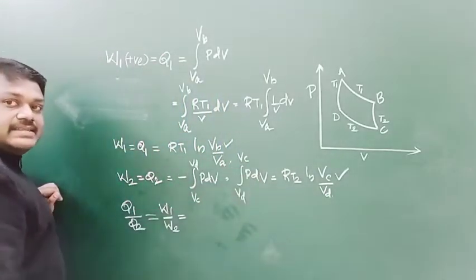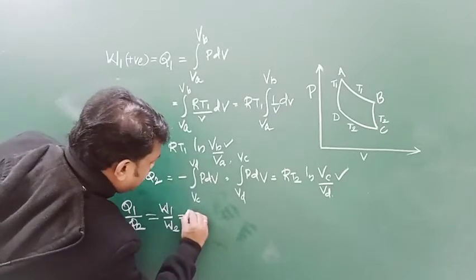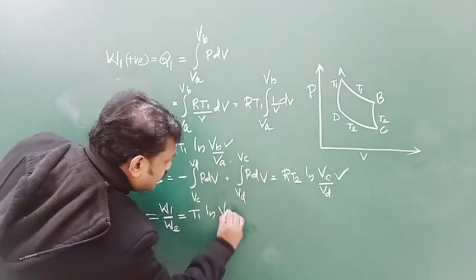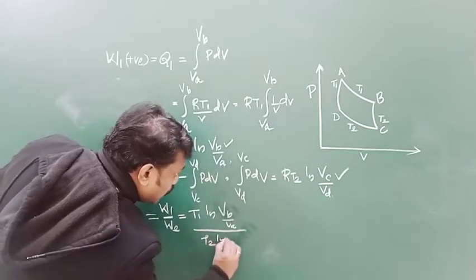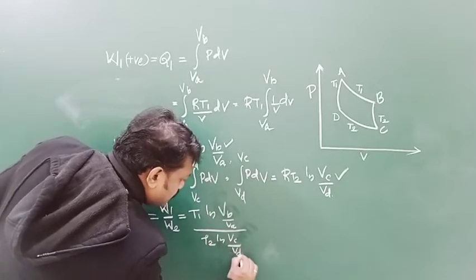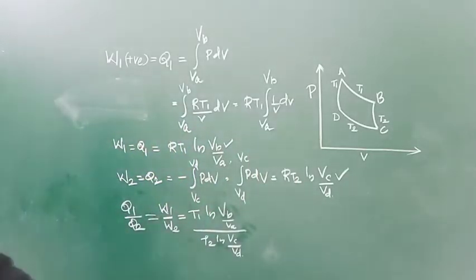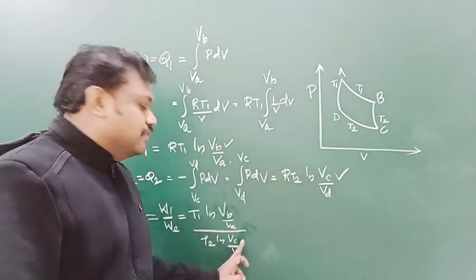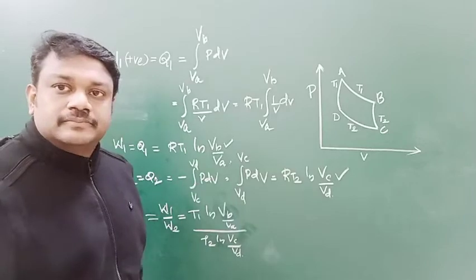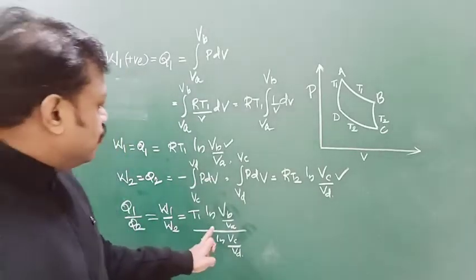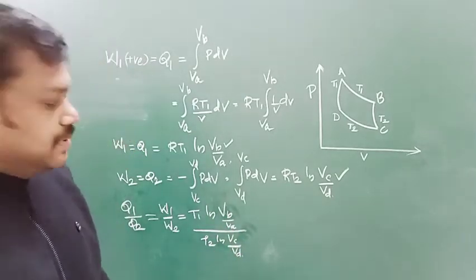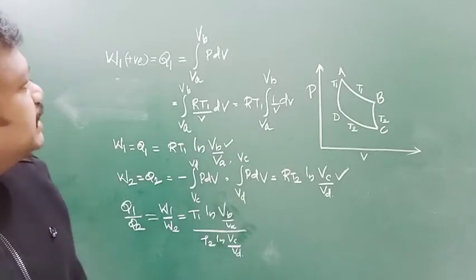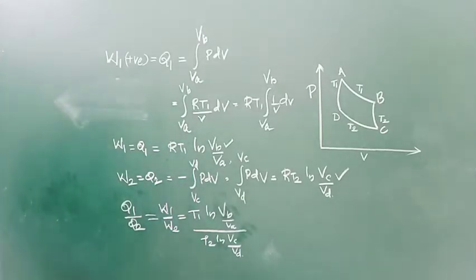R is cancelled from both terms, so the remaining terms are T1 log VB by VA divided by T2 log VC by VD. Is it clear? Now we have to find the value of VB by VA and VC by VD. For that, you can consider the adiabatic processes.